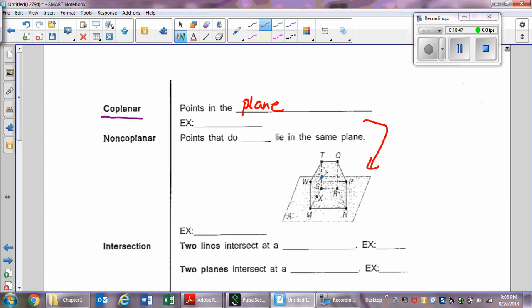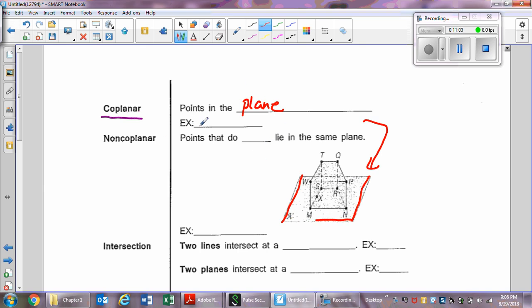So which one is going to be coplanar points? If you look at the plane at the bottom here, it's kind of hard to draw a straight line with this. So we're looking at the bottom plane.